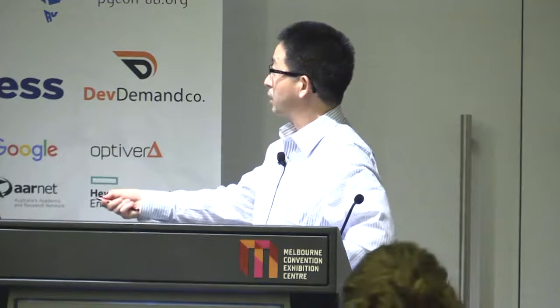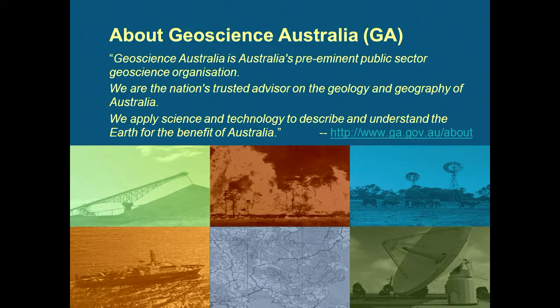More specifically, our core business and strategic priorities include 4 areas. The first one is securing Australia's resources. We help to discover where the minerals and the energy, petroleum, are, and through doing surveys and collecting data, we provide pre-competitive data to industries and partners.